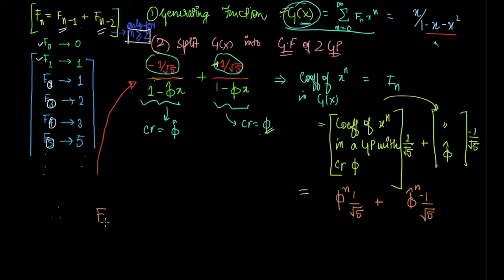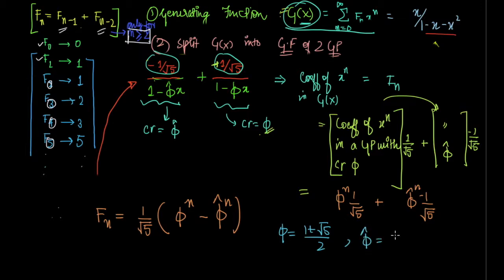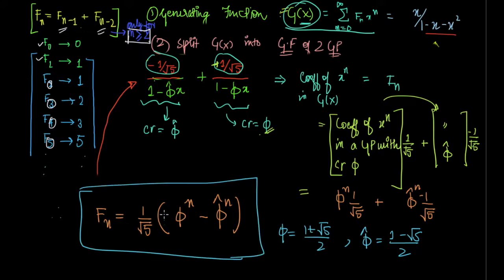Therefore, and this is the final bit, the nth Fibonacci number appears to be, if you take 1 by root 5 common out, phi to the n minus phi cap to the n, where phi equals 1 plus root 5 by 2, the golden ratio, and phi cap is like the conjugate golden ratio with the value as follows. Okay, so that is your analytical or functional way of representing the nth number in the Fibonacci sequence.